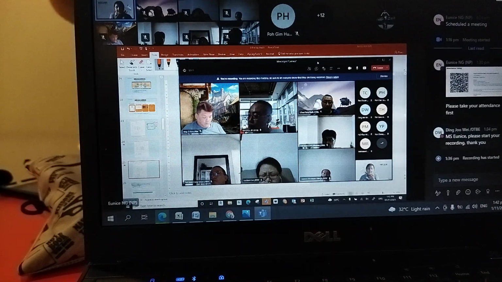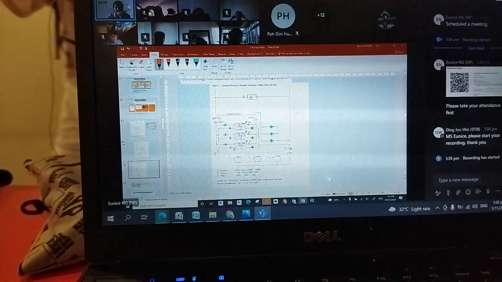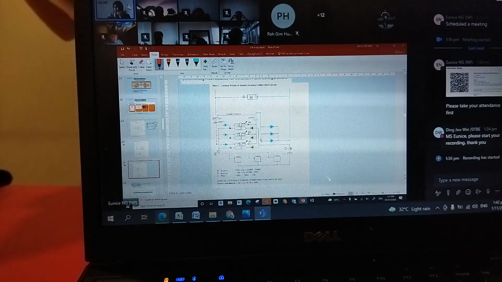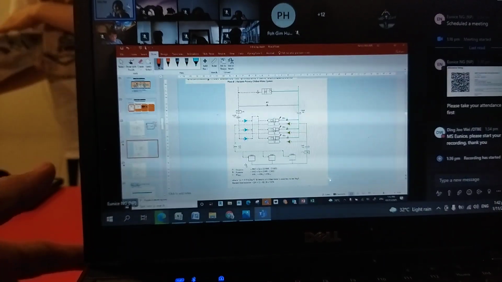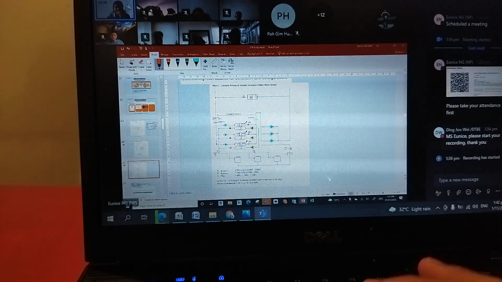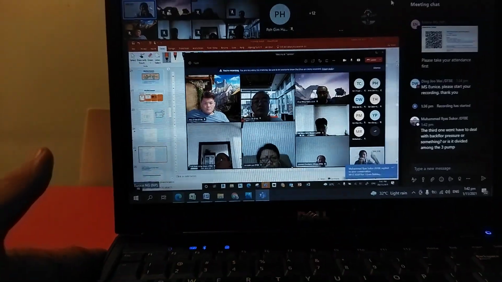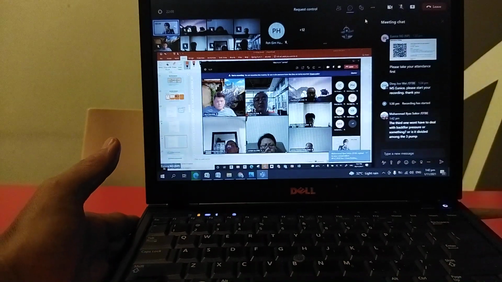If the building load is not very big, I think the second one will be quite good. But if the building load is very big, a very big building with many stories, then I think the last one will be better.